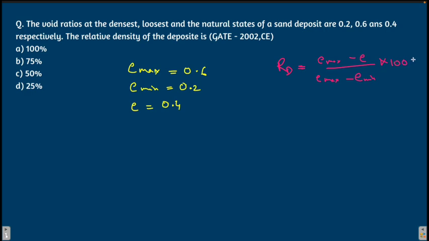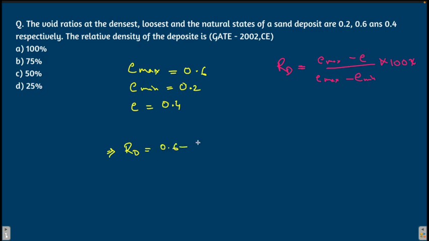So no concept, direct formula. This will give you the relative density in percentage. You have to know the formula. I'm writing it in pink color so that you can take note of this. Those seriously preparing for the GATE examination, I would request you to make a copy entirely dedicated to the formulas for a particular subject and revise it every day.